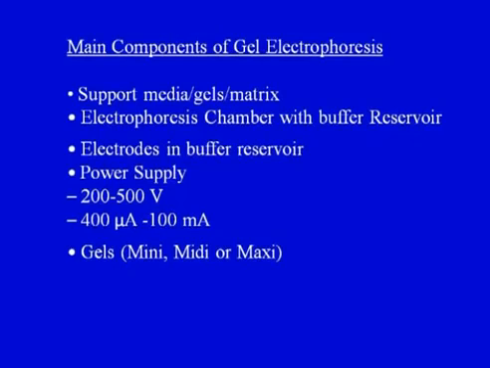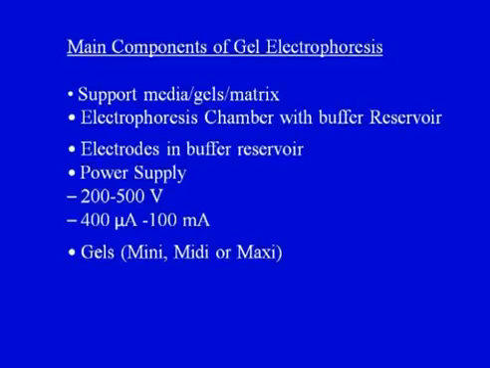All right. So, let us start with the main components of gel electrophoresis. One, the gels or the support media, which we can call the matrix, and the most widely used matrices are agarose and polyacrylamide. Then you require an electrophoretic apparatus or chamber with buffer reservoir, which we will show you in a little while.